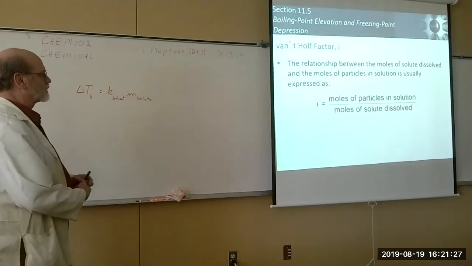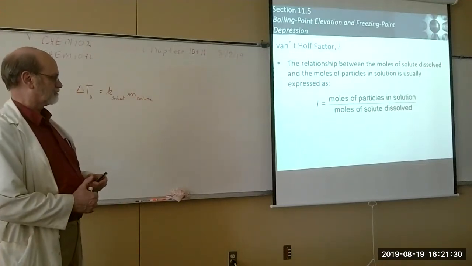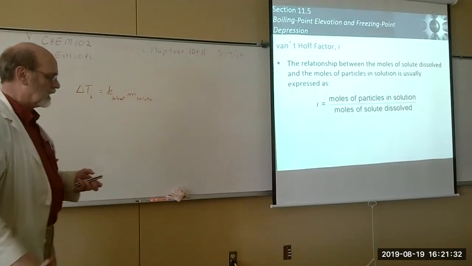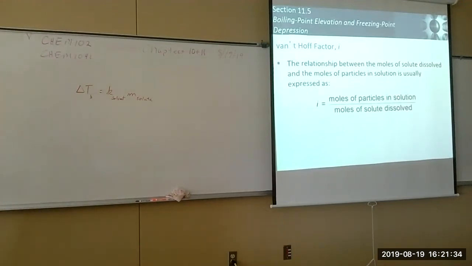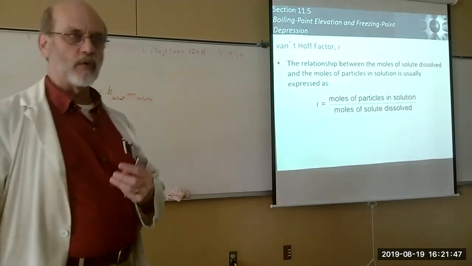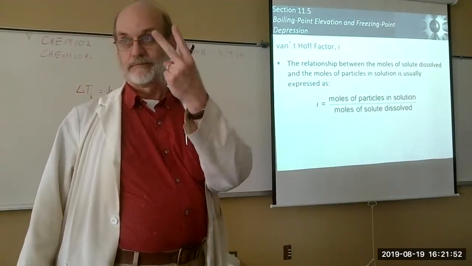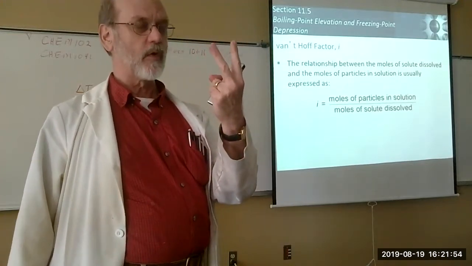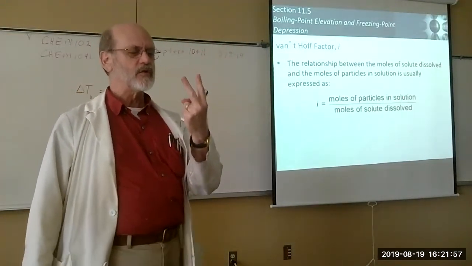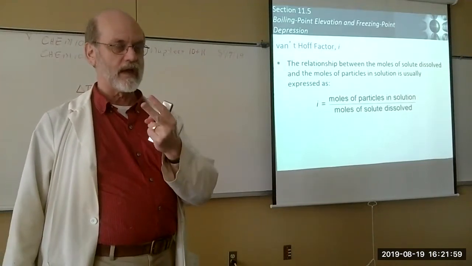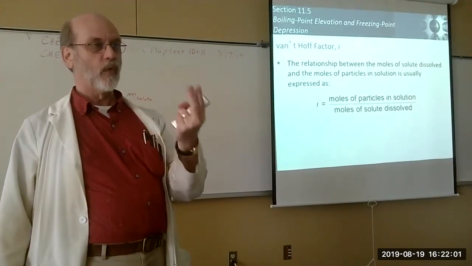Now, what happens to the calculation if we put a solute in there that breaks apart in solution? So if you put a mole of sodium chloride in water, how many moles of individual particles do you have? 2, right? Sodium chloride breaks apart into 2 moles, sodium ions and chloride ions, as opposed to 1 mole of sodium chloride.